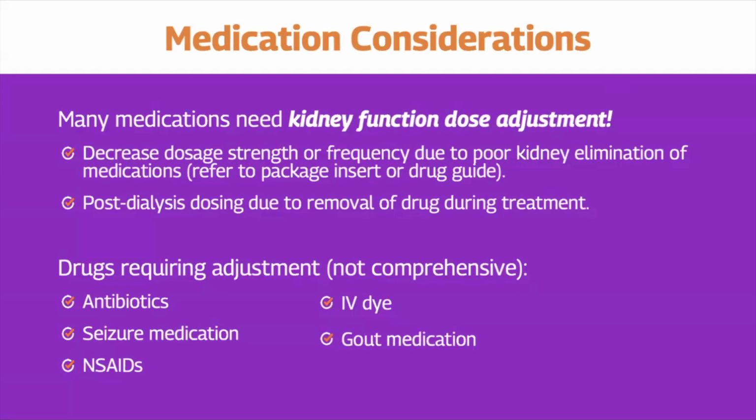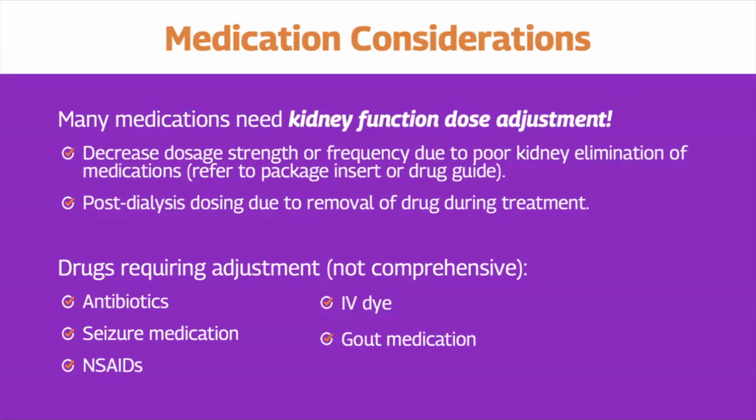You would need to refer to your package insert and drug guide. So let's say it's an antibiotic and the doctor orders a large dose that may not be appropriate for the kidney patient suffering with CKD.